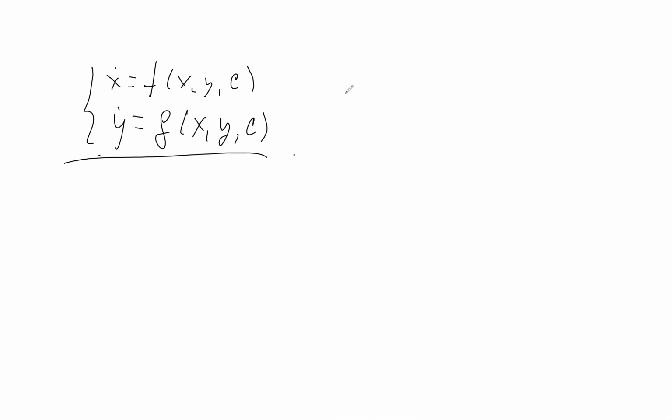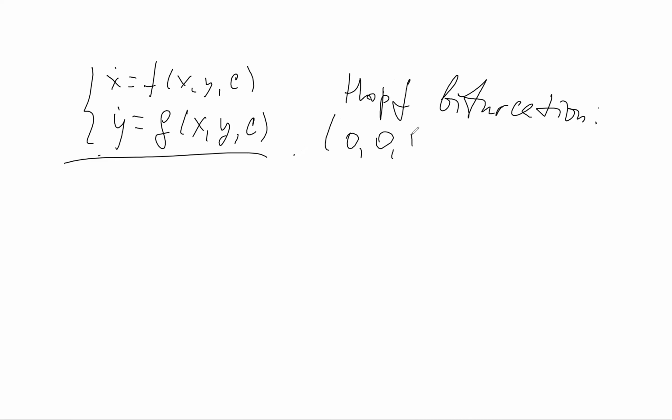For Hopf bifurcation, first of all, we should assume the origin: x equals 0, y equals 0, and c equals 0. Remember, if we have a bifurcation or hyperbolic equilibrium somewhere else, we can always bring it to the origin. So we have the Jacobian at 0, 0.